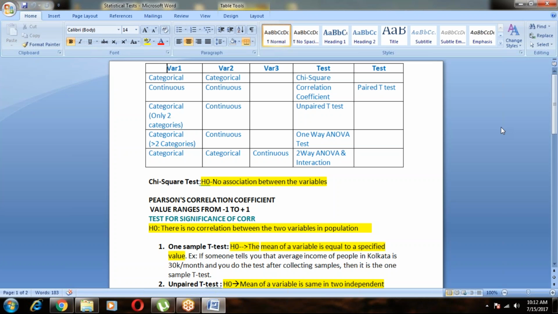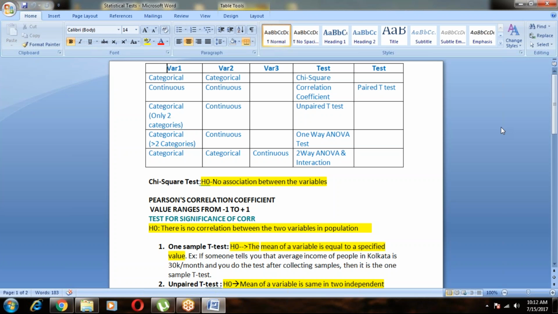At that time we use the concept of the correlation coefficient, right? We talked about correlation. The correlation coefficient ranges from -1 to +1. If it is close to -1 or close to +1, their degree of association is strong, so they are strongly related.